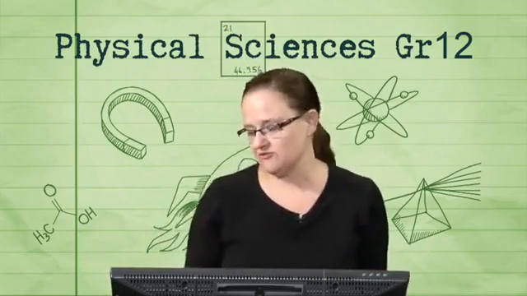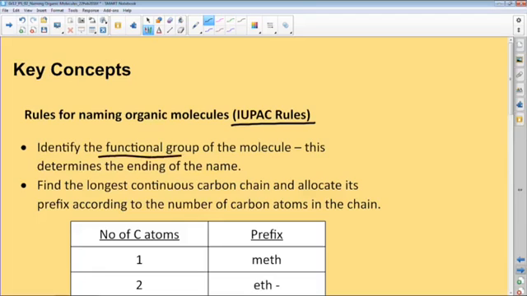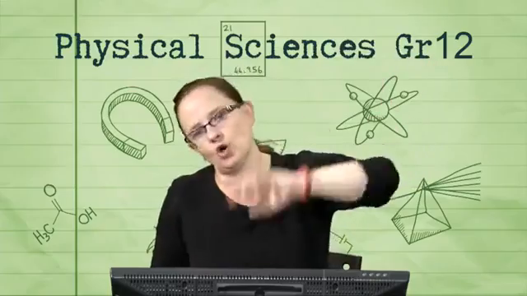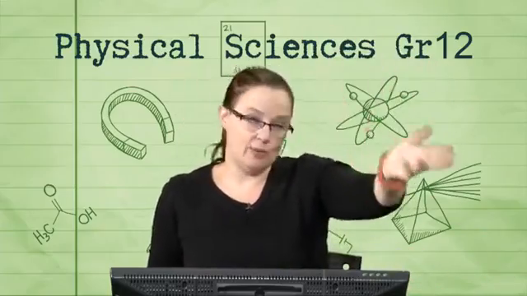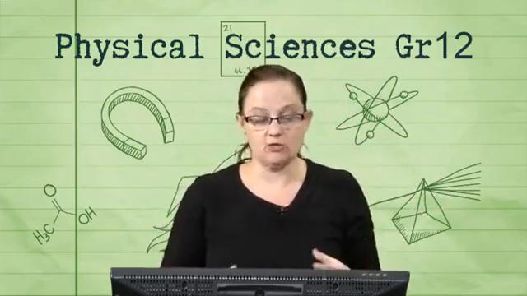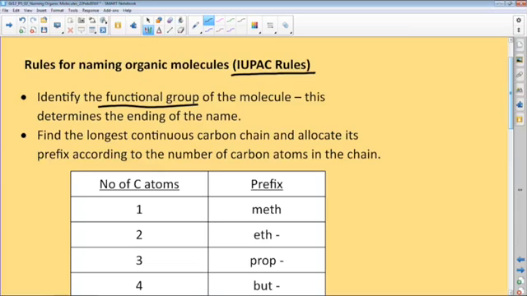So the first thing you have to do, which is what we were doing up till now, is identify the functional group. The functional group tells me how the name's going to end. So alkanes end in ANE, alkenes end in ENE, alcohols are OL, aldehydes are AL, ketones are ONE, etc. Okay, so this tells me how the name's going to end. So I've got to have the functional group. Then you've got to find the longest continuous carbon chain.